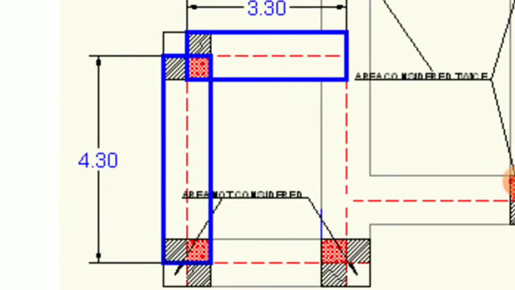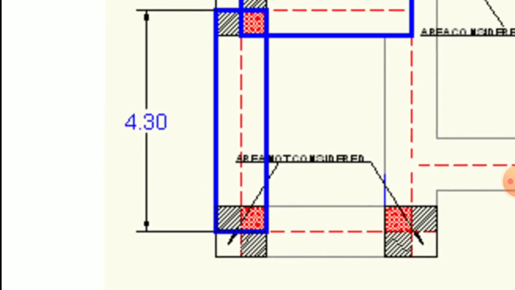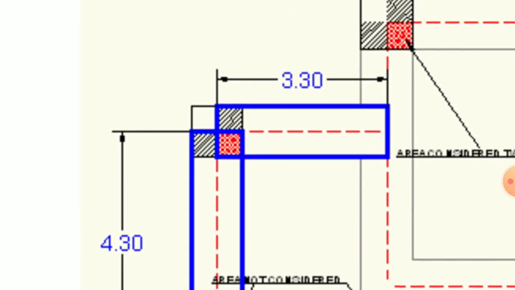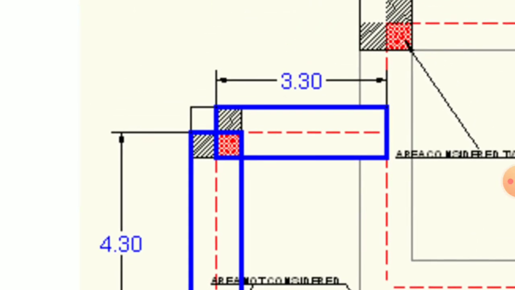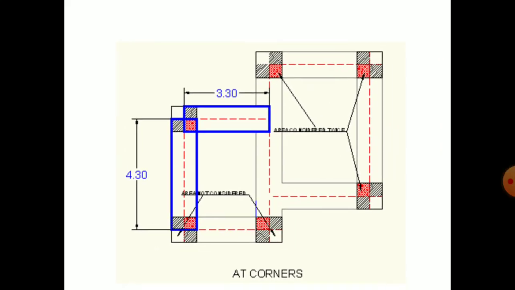You can see here, while considering this 4.3 meter wall, center to center distance, the shaded red portion is considered twice, once in the x direction and once in the y direction, and at the same time the white square portion is left out. So the area in the shaded red portion is substituted by the white portion. So there will be no error if you take the length accordingly.